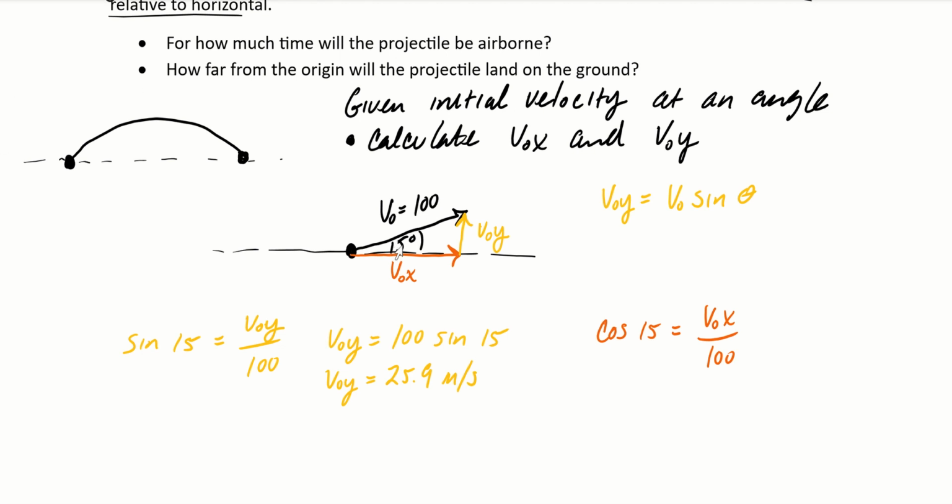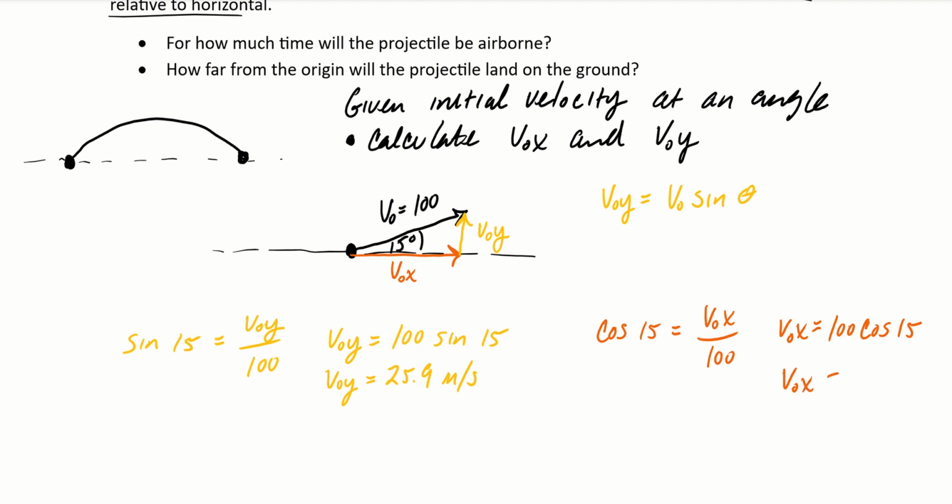This is my angle, and cosine of that angle is adjacent over hypotenuse. So cosine of 15 is equal to adjacent, initial x velocity, over 100. I can rearrange this by multiplying by 100 on both sides, and I can say my initial x velocity is equal to 100 times the cosine of 15.